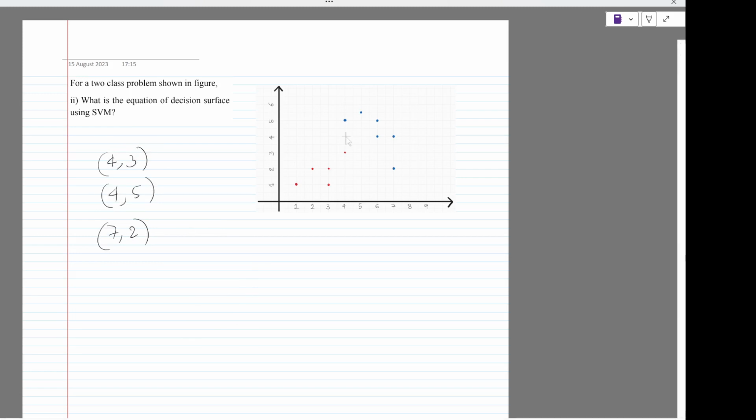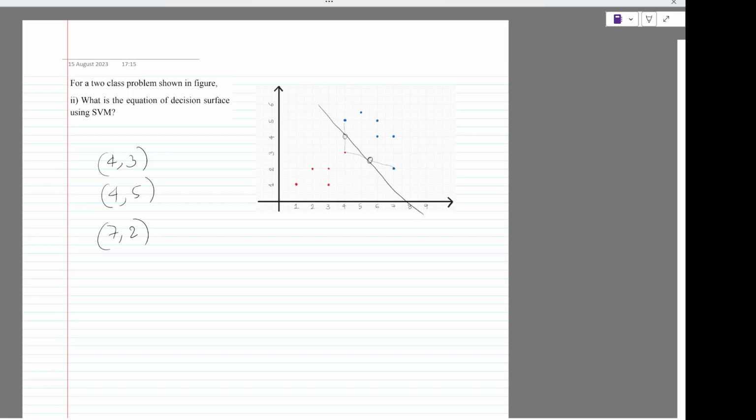The decision boundary passes through the midpoint of these two, and this is the midpoint of these two. So our decision boundary passes through this line. We just need to find the straight line which passes through these two points.